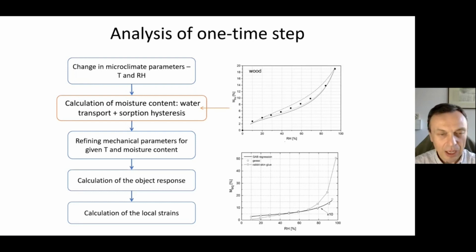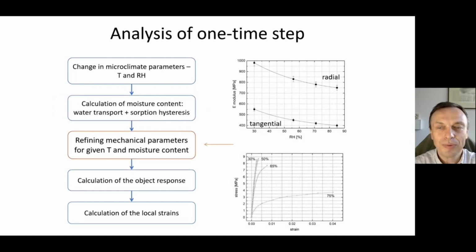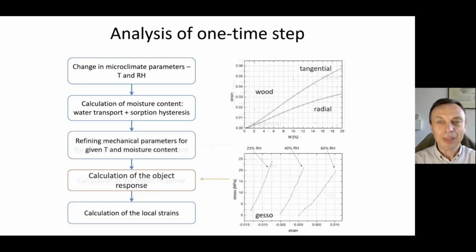gesso layer. In the third step, we refine the information in the model about the mechanical parameters, the mechanical properties of the material. For example, here you can see the dependence of the elasticity modulus of the wood in radial and tangential direction as a function of relative humidity, and also information about the stress strain curves for the gesso layer.